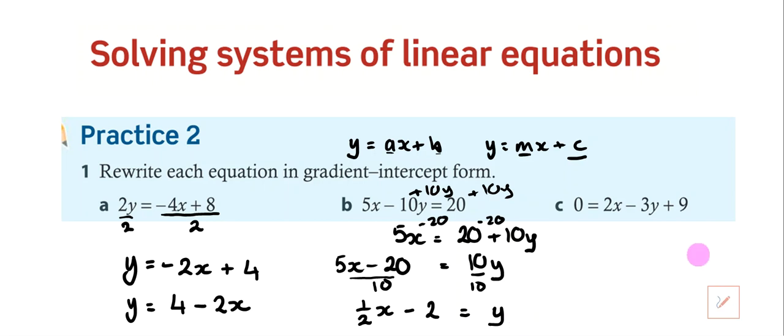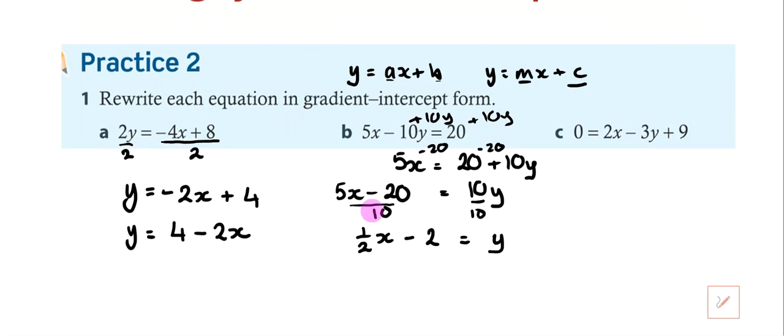David obviously understands this. 5 divided by 10 is a half. It could be 5 over 10. I could have just written 5 over 10. That's rise over run, right? But that simplifies to a half, 1 over 2. And negative 20 divided by 10 is negative 2. That's what happened.